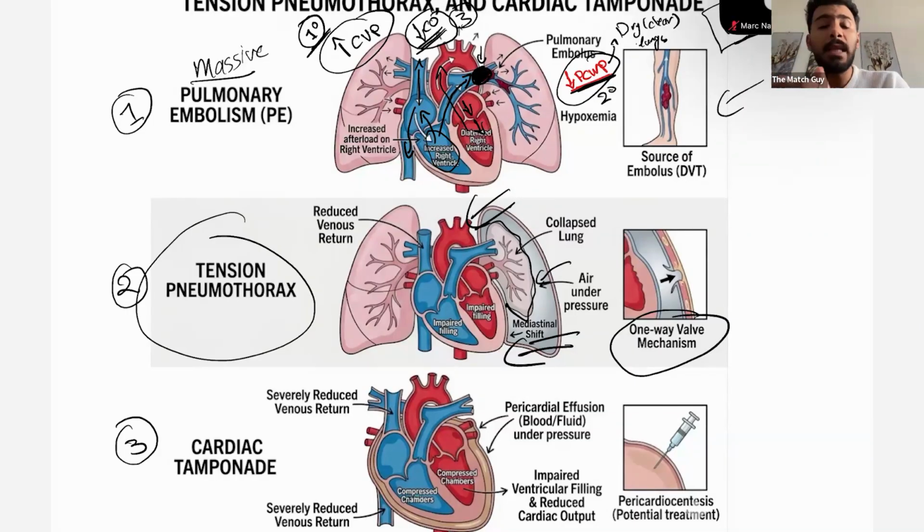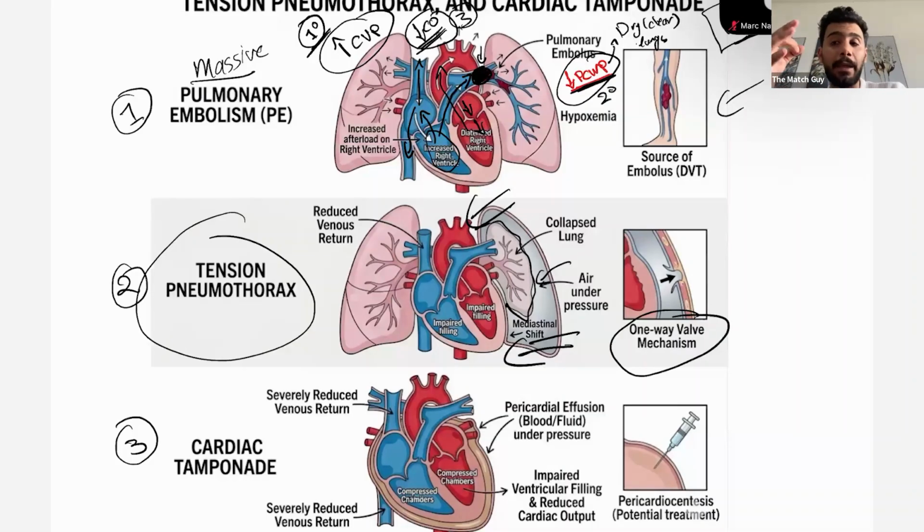And now compressing the heart and the structures of the mediastinum, this is mainly going to be compressing the vena cava. Now you might be wondering, why the vena cava? Why not the other structures? So why not the aorta, and why not the heart itself? And the reason for that is, out of all of these structures, the vena cava has the lowest pressure.